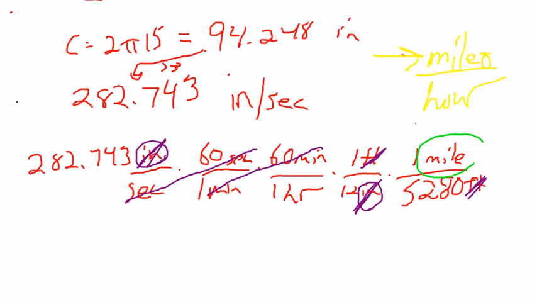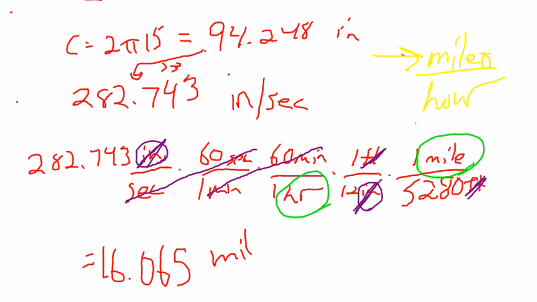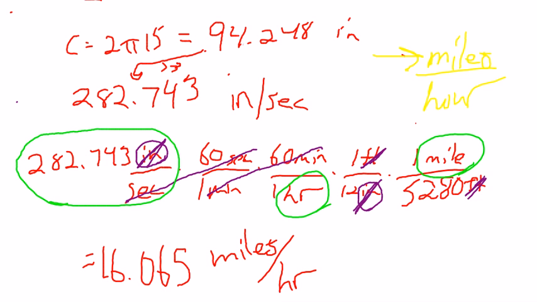I've got miles on the top, and I've got hours on the bottom. So I need to take that number that's in my calculator and divide it by 5,280. Hit enter, and I get 16.065 miles per hour. So the two answers that you have are this, inches per second, and that, miles per hour.